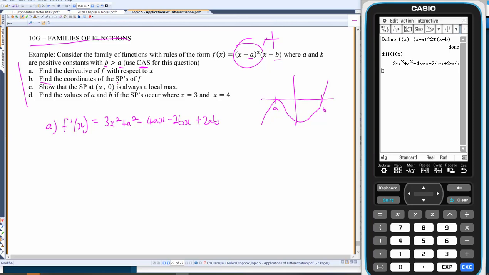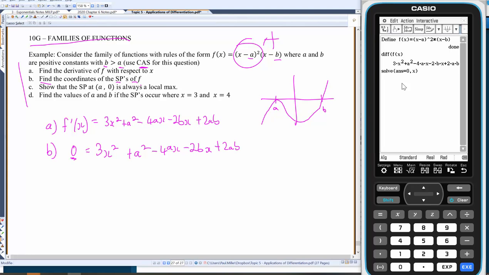Okay, find the coordinates of the stationary points of f. So to do that, we're going to let f dash x equal 0, because remember this is the gradient function, and what you're saying is, hey, can you tell me all the times where its gradient is 0? Okay, so on the calc, I go and solve the derivative. When is the derivative equal to 0?